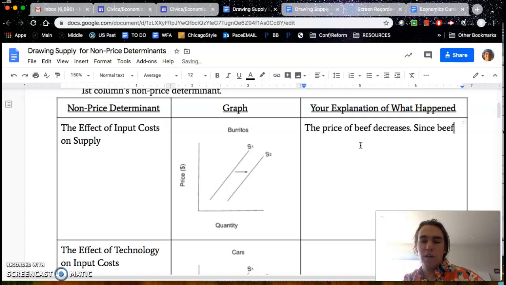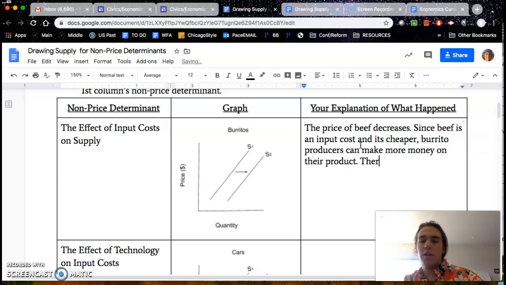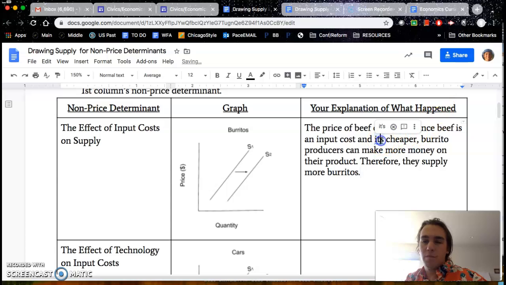Since beef is an input cost and it's cheaper, burrito producers can make more money on their product. Therefore, they supply more burritos. I want to be proper.